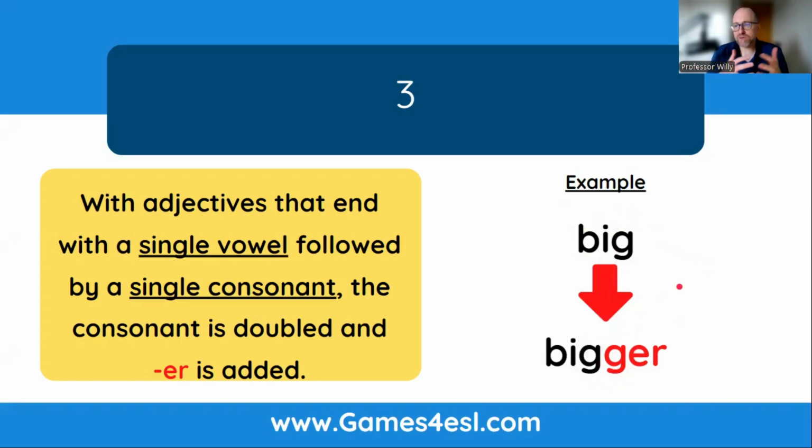Just like with fat, gordo. Fat, F-A-T, consonant, vowel, consonant. Then we double that T. Fatter, F-A-T-T-E-R. This isn't 100% of the time, but most of the time, that's what's going to happen when we have CVC, consonant, vowel, consonant.